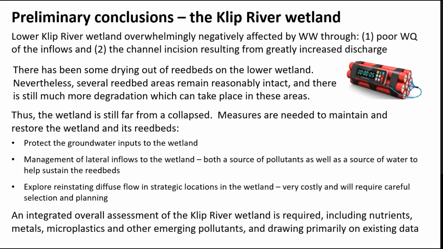And then the third option would also be looking to potentially reinstate diffuse flow longitudinally in strategic locations in the wetland. Now, these, as you can appreciate, would tend to be major structures, very costly, and they would require careful selection and planning.